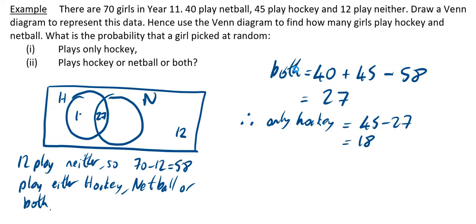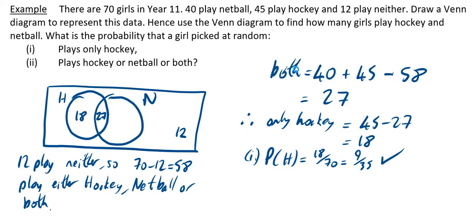So that 18 can now go in here. What the question asks for in part 1 is the probability of hockey. So the probability of hockey, P of H, is 18 out of our total, which is 70, which is 9 over 35, and that is as good as we can go. We can't cancel down any further.